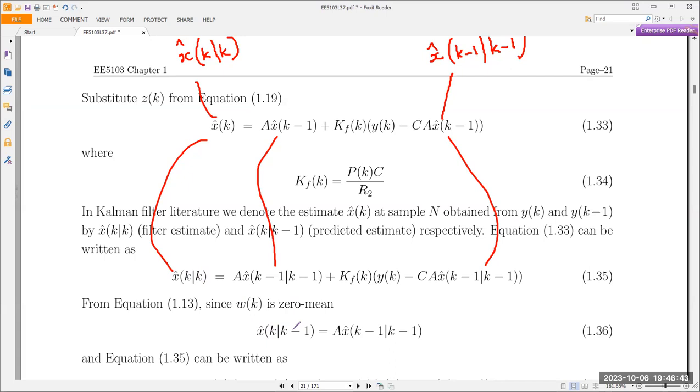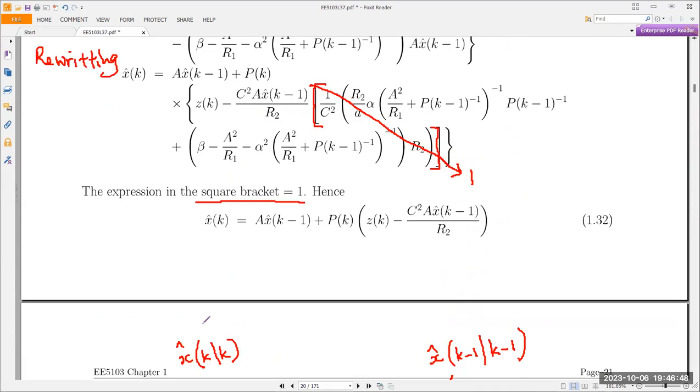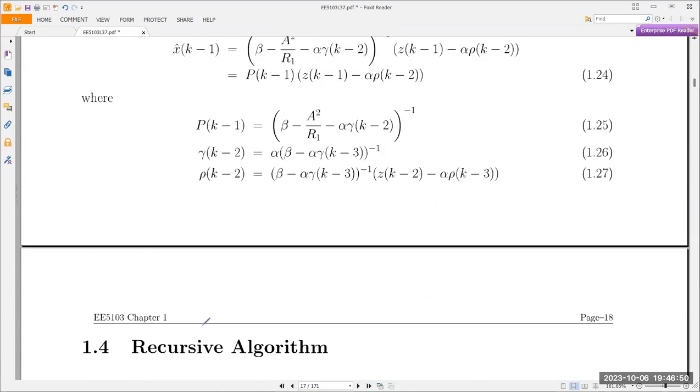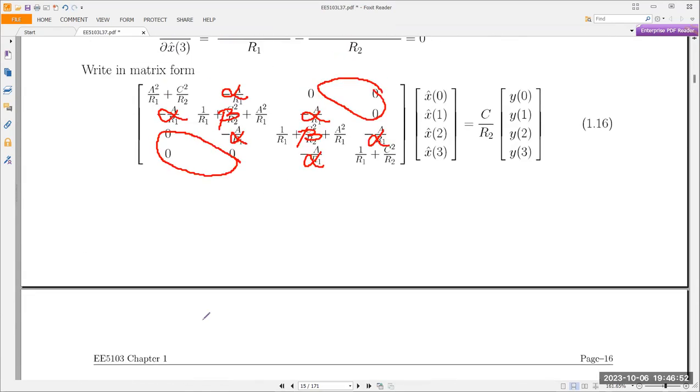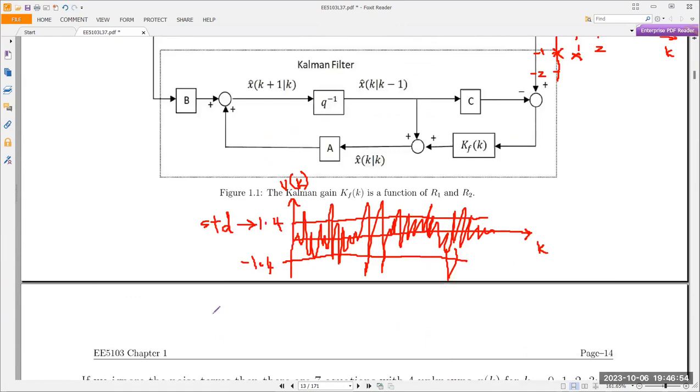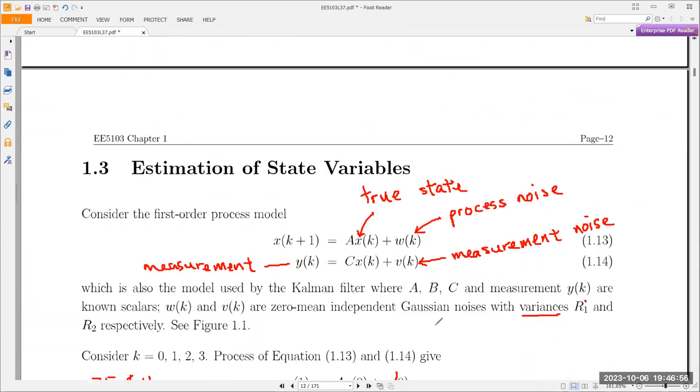How are we able to do that? Because of equation 13, you go back and look at equation 13. Equation 13 is like that, and W is supposed to be zero mean. Zero mean means on the average, the noise is 0.